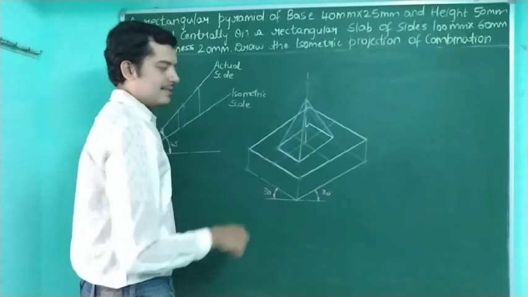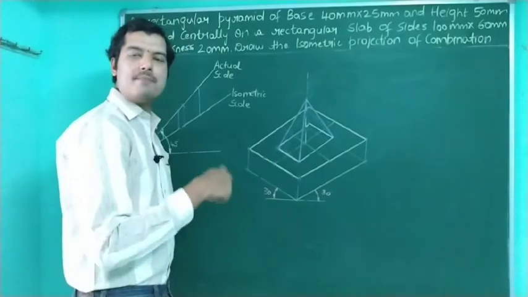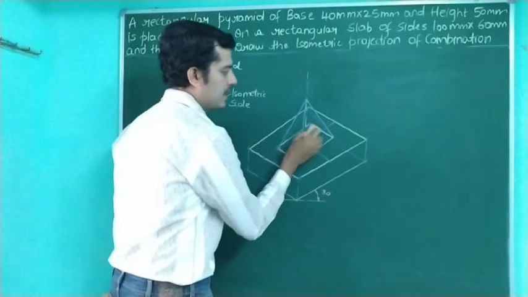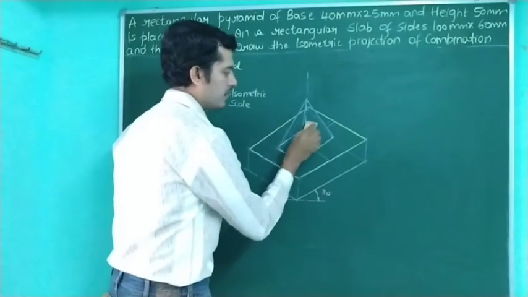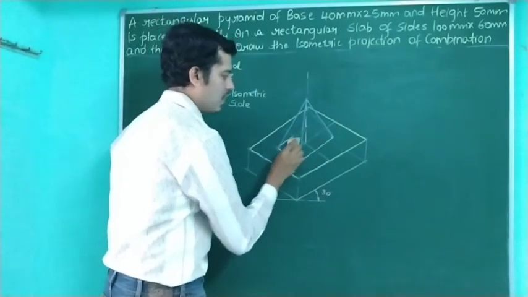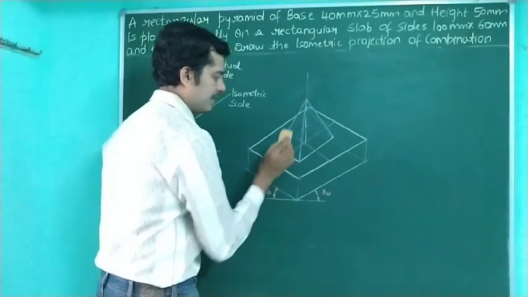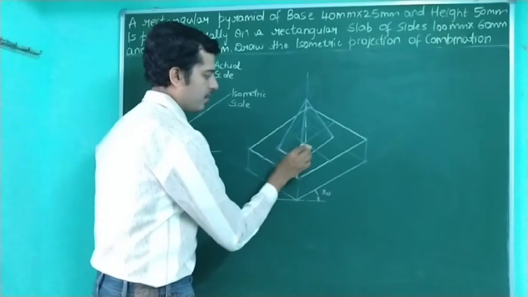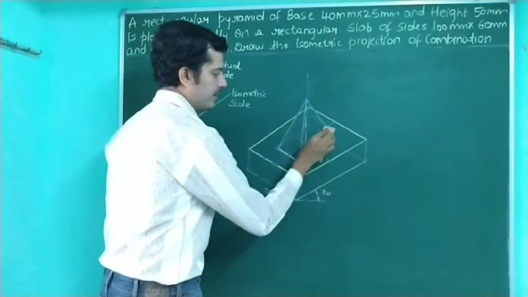The same principle, let us apply for the base of the rectangular pyramid also. This forms the backside portion of the rectangular pyramid. It is not visible, so let us remove it. Even the midpoints or the midlines are not required, so let us remove them.